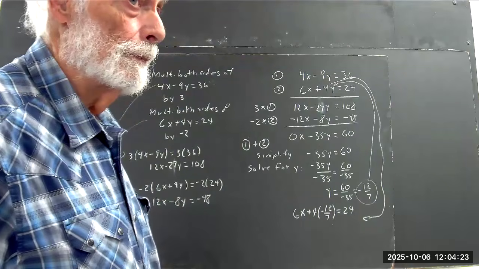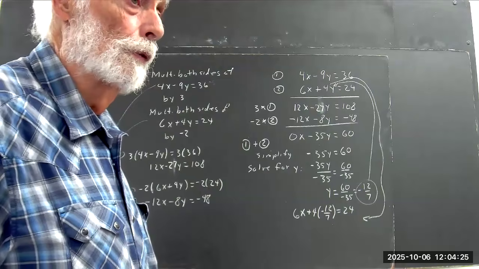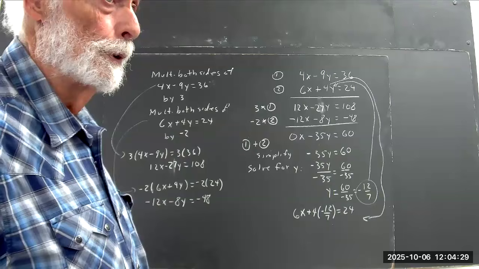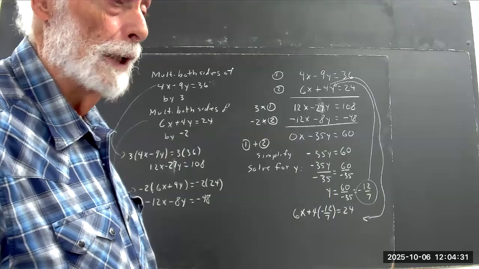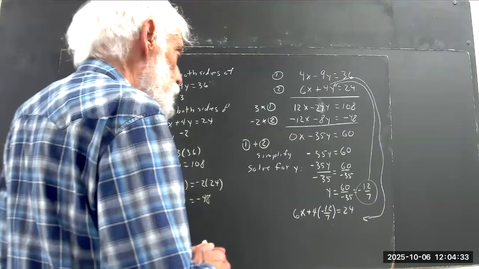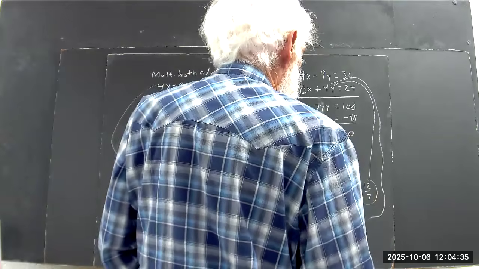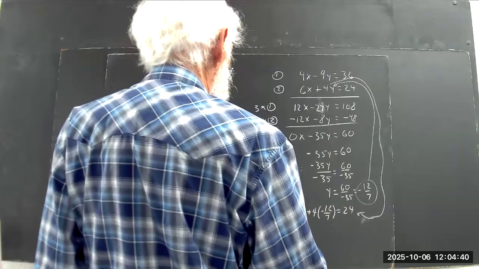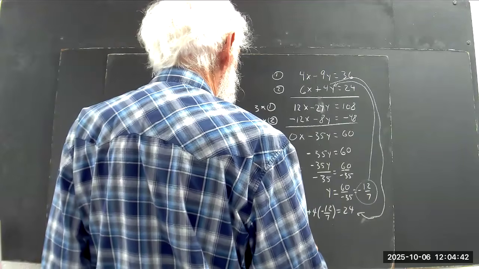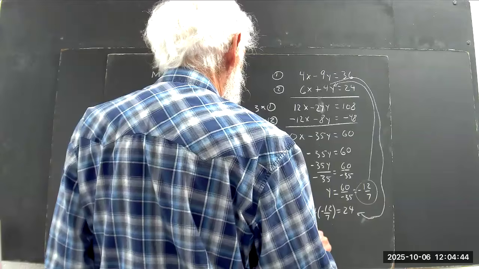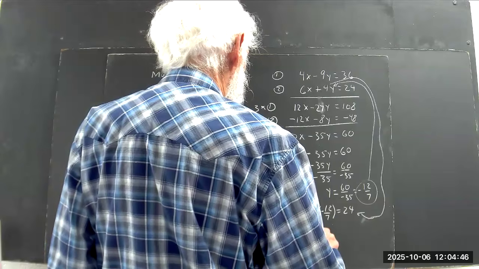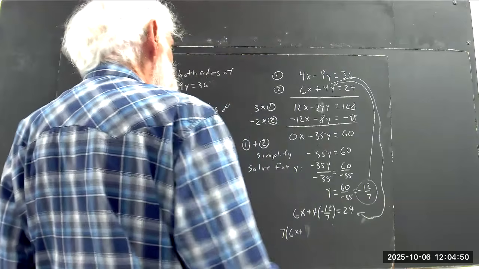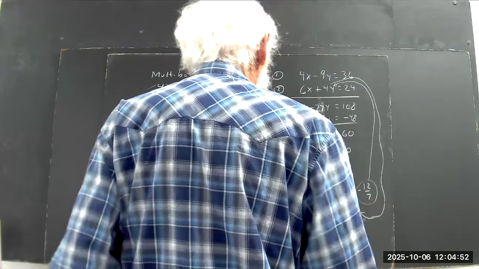Applying my good judgment, which tells me don't work with fractions if you can help it, I do what I say to always do when you have an equation with denominators: multiply through by the common denominator. Now I'm going to do 2 steps at once here.